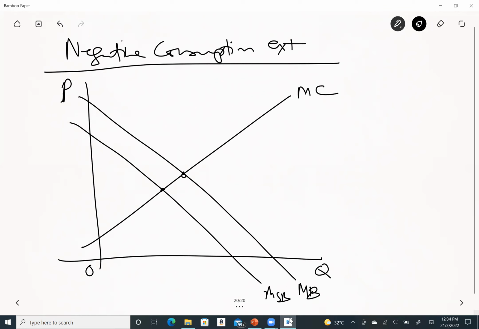So the next issue is, how do you bargain? Number one, who has the right? The right is well defined.